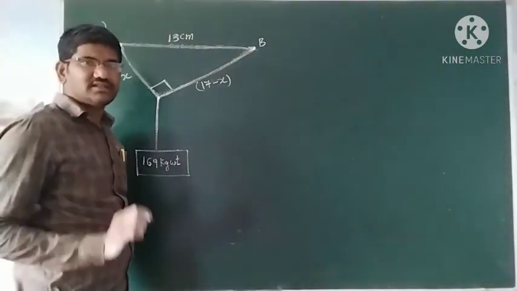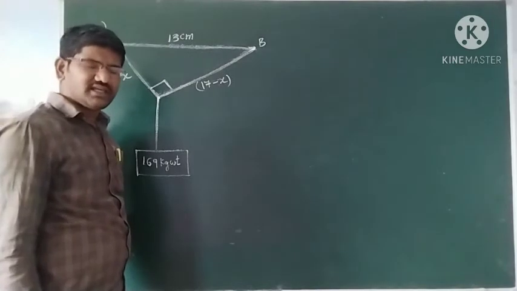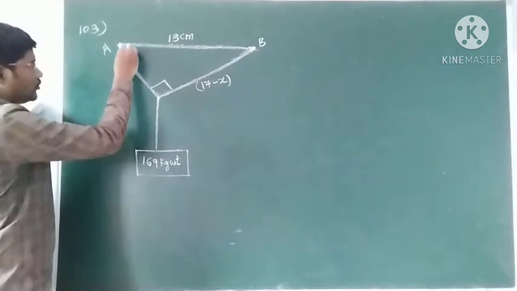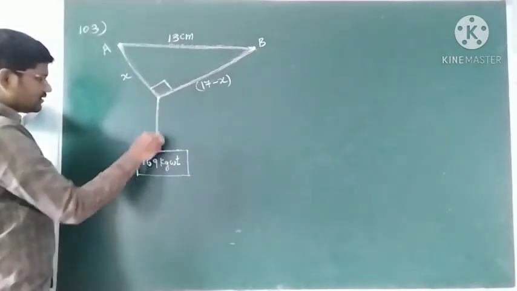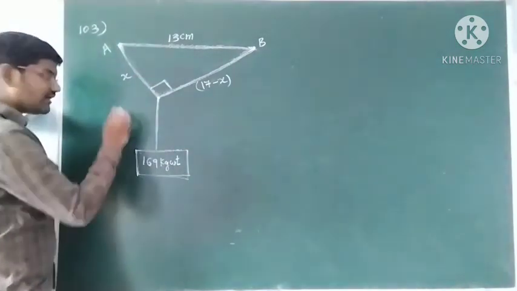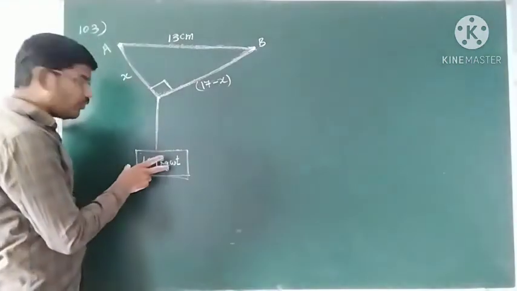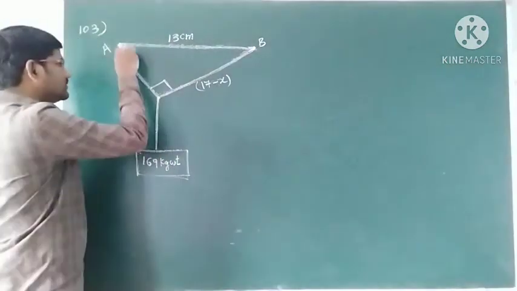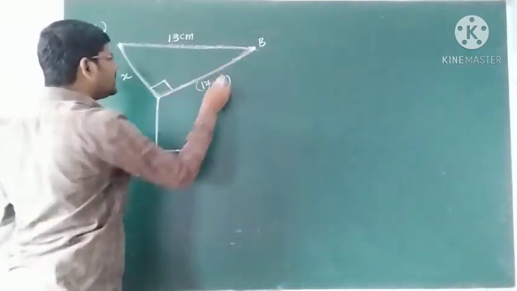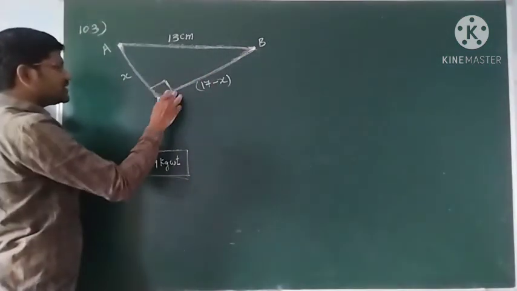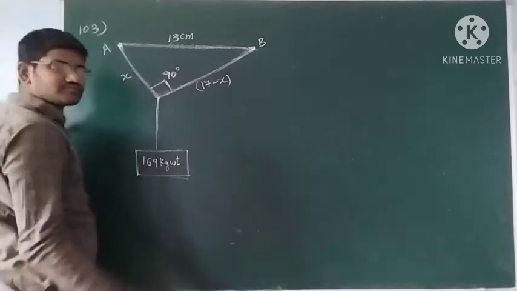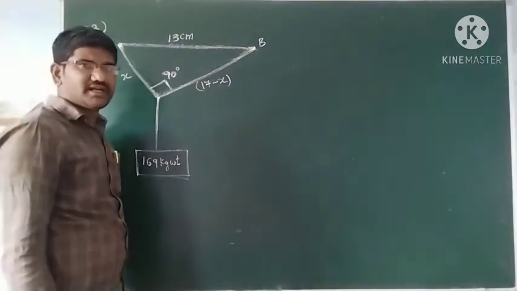Now, to one end of this thread, a 169 kilogram weight is suspended, so that the thread becomes tight and the angle between the two parts of the thread becomes 90 degrees.